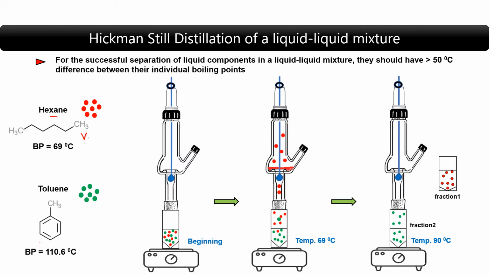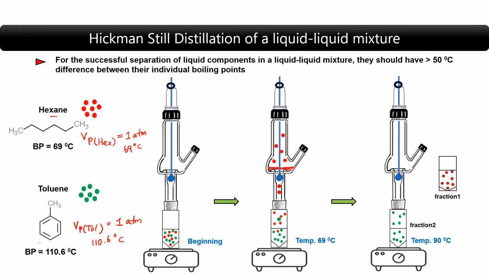That means the vapor pressure of hexane equals the atmospheric pressure at 69 Celsius, while the vapor pressure of toluene equals 1 atmospheric pressure at 110.6 degrees Celsius. So hexane will turn into vapor when we first start to supply heat.